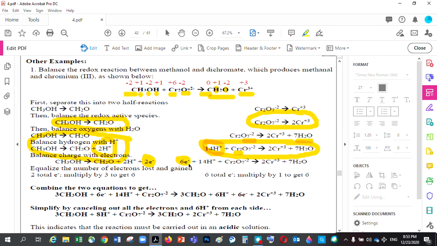Now these 6 electrons I have to cancel. The easiest way is to multiply the oxidation equation by 3 to get 6 electrons and add them together.